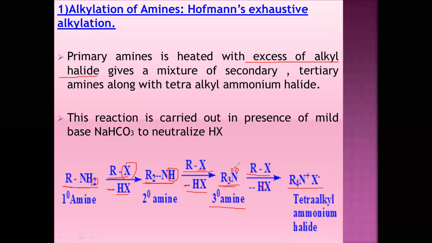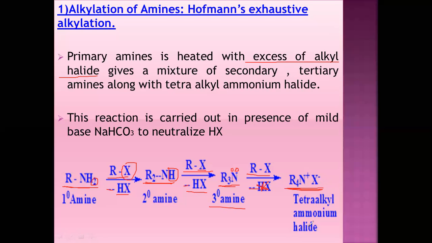Because nitrogen uses its lone pair to form a bond with the alkyl group. So that's why it acquires a positive charge, and the halogen acquires a negative charge. This molecule is called tetraalkyl ammonium halide. What is the name of this final product? Tetraalkyl ammonium halide. Here we don't need HX, because nitrogen has no hydrogen atom. So the final product is tetraalkyl ammonium halide.